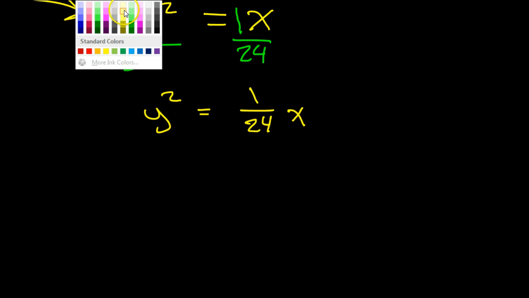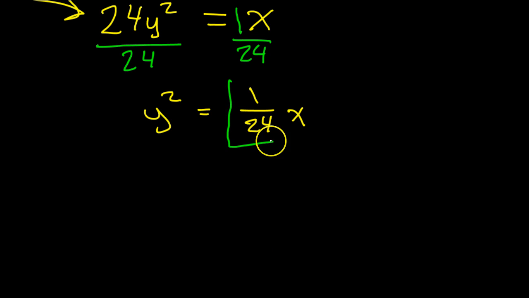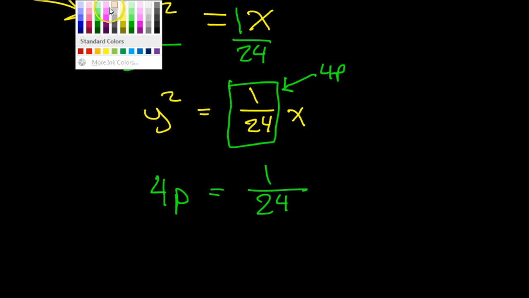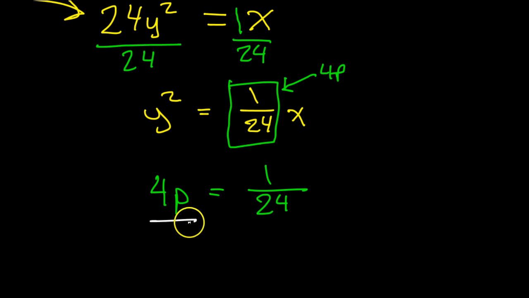So when I start talking about p, this is 4p. All right, not 24, 1 over 24. So 4p is equal to 1/24. I need to divide by 4 to get p. So I'm dividing both sides by 4. Now here's something you might not know. If you want to divide a fraction by a number, all you really have to do is put the number in the denominator with the existing denominator.